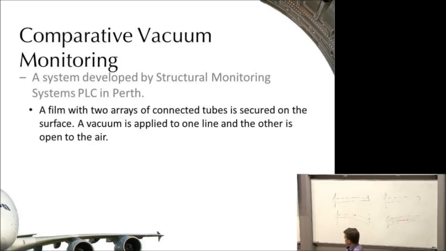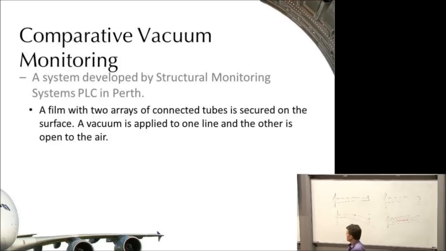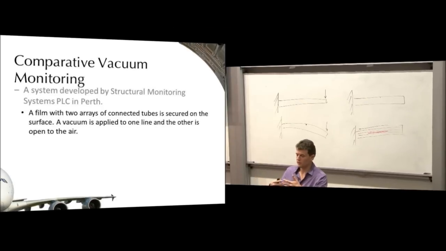Comparative vacuum monitoring is an Australian invention. It uses two arrays of tubes that have got vacuum in one set of tubes and atmospheric pressure in the other set of tubes. They come like a little sticker, and you have a sensor on the end, and you apply them in places where you think cracking is likely, like around the edge of a hole or something.